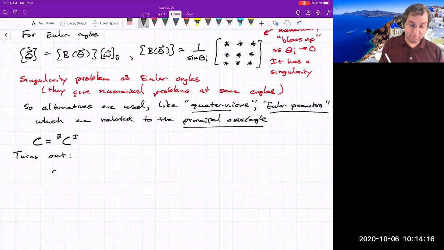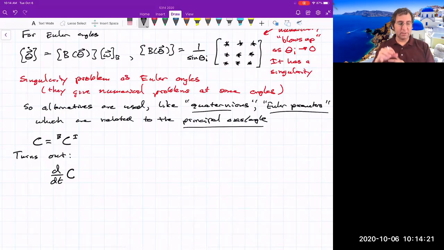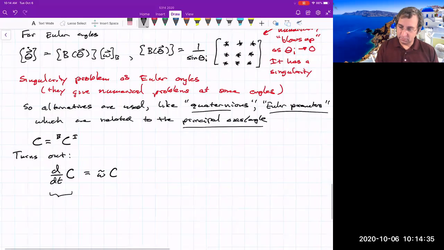So it turns out that the time derivative of the C matrix, so just think of this over here as the time rate of change of each of those 9 entries of the C matrix, equals, I'll write it this way, something related to the angular velocity times C, where this angular, I'm writing omega tilde, this is a matrix.